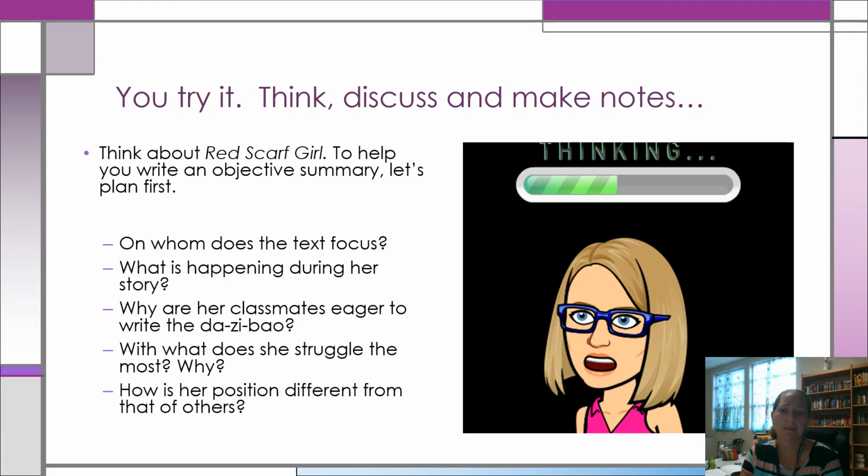Okay, here we are. We're going to come back. Now I want you to think about the lesson in Amplify with Red Scarf Girl, Subunit 3, Lesson 5, Activity 5. You had to really think about Ji-li's feelings when they're writing the dazibao.